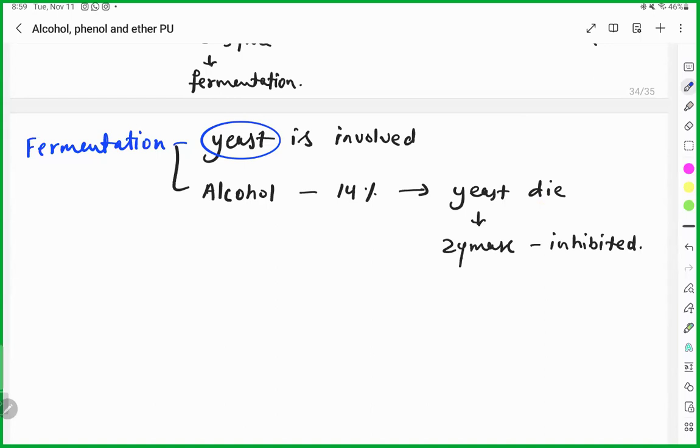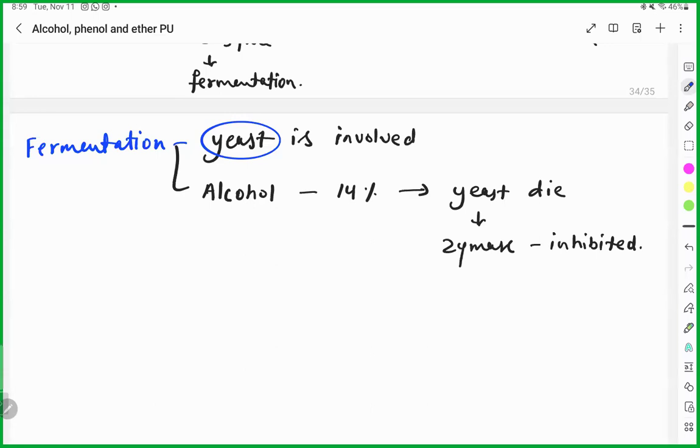But here is an interesting phenomenon. Does any liquor contain only 14% alcohol? In the case of rum, the alcohol percentage is even 42%.